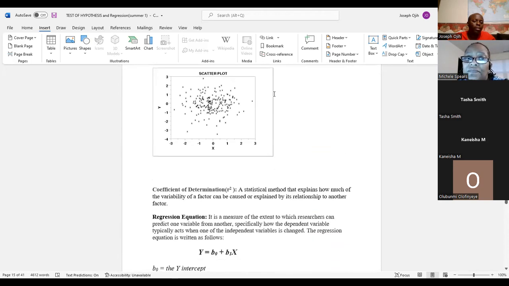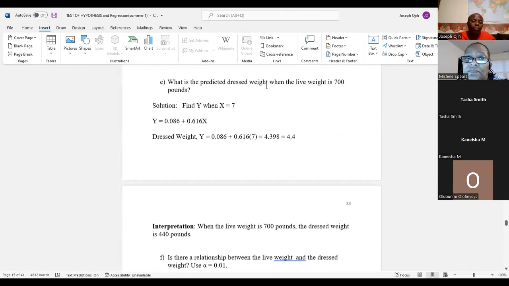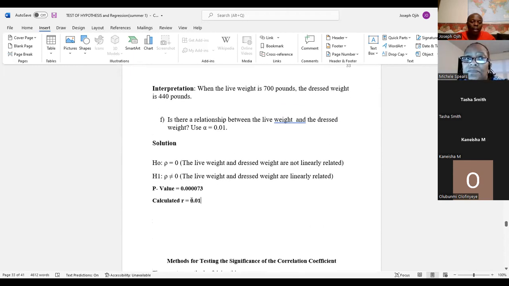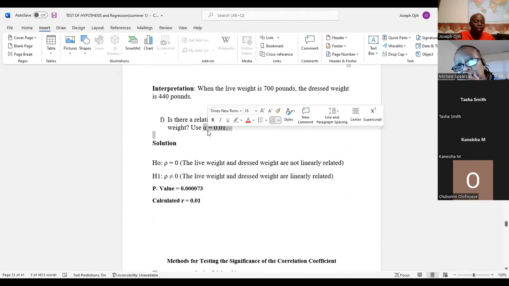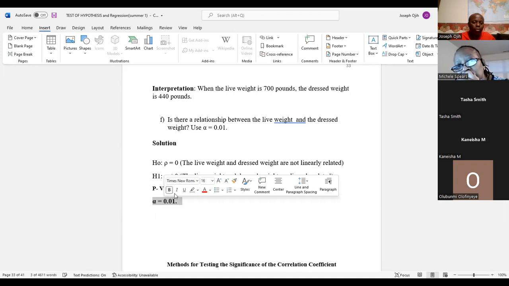So our p-value here is less than the alpha. I'm going to replace this with this alpha here. See? It's an alpha value. Make it bold.